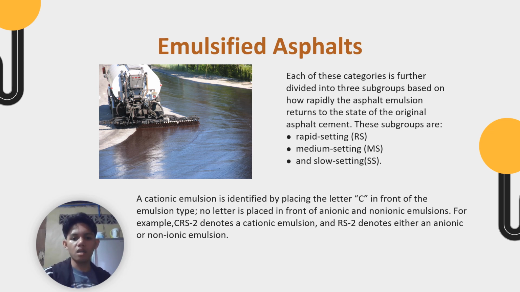A cationic emulsion is identified by placing the letter C in front of the emulsion type. No letter is placed in front of anionic and non-ionic emulsion. For example, CRS-2 denotes a cationic emulsion and RS-2 denotes either an anionic or non-ionic emulsion.